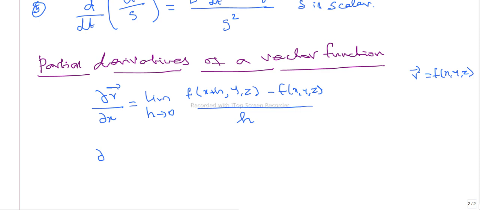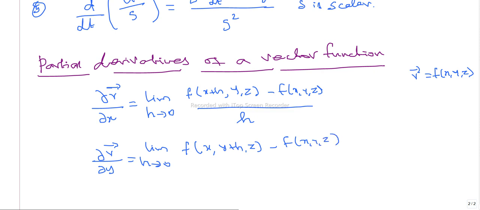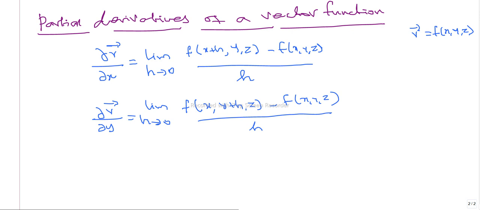Similarly, dou r vector by dou y is the limit as h goes to 0 of f of x comma y plus h comma z minus f of x y z, by h. If the limit exists, it's the partial derivative of r with respect to y.